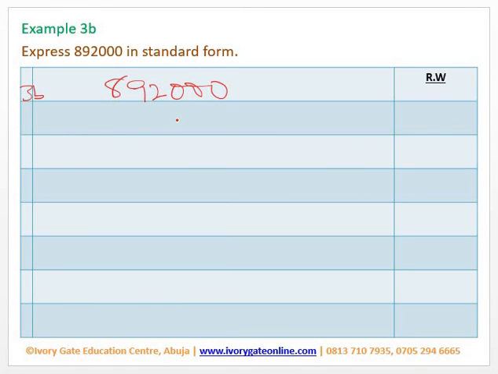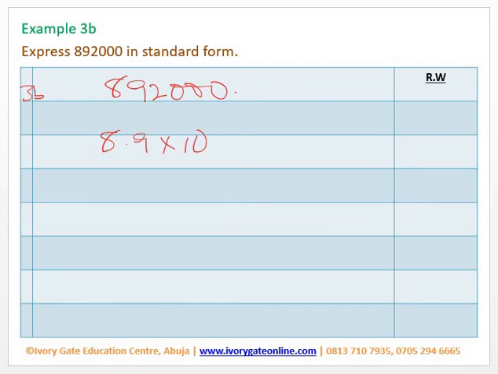Then the next one is 3b. 892000. Here the position of the decimal point is here and it needs to be here for the a to be between 1 and 10, and this gives us 8.9 times 10 raised to power. How many moves will the decimal point make?